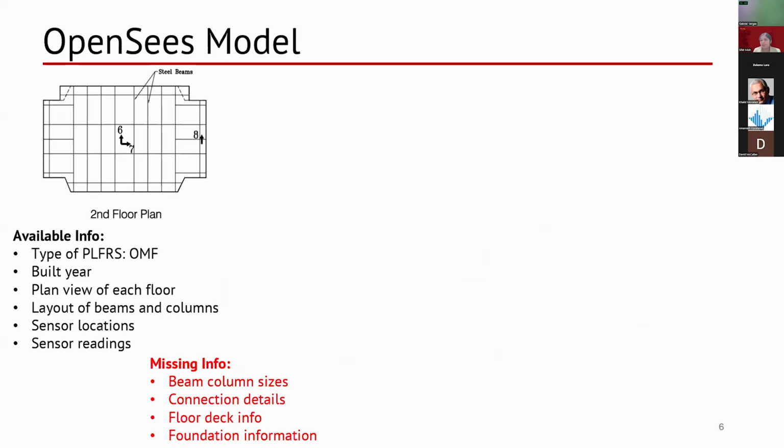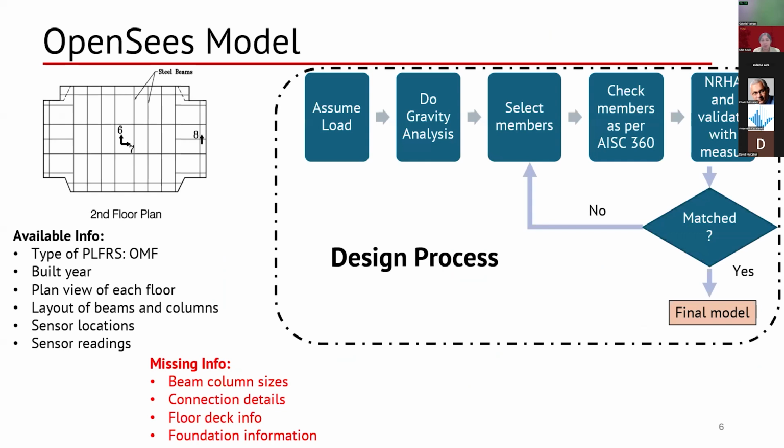So here at USC, I teach the steel design course, and my student took that course. So I told her, hey, this is a design problem. Go and do the design. So she basically took it as a project, followed AISC 360 procedures.